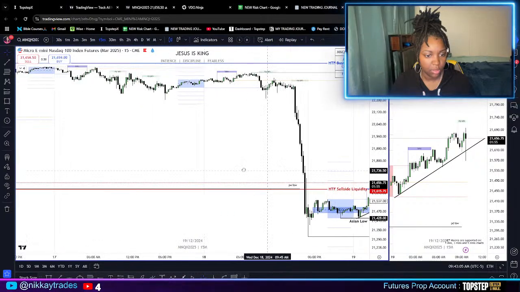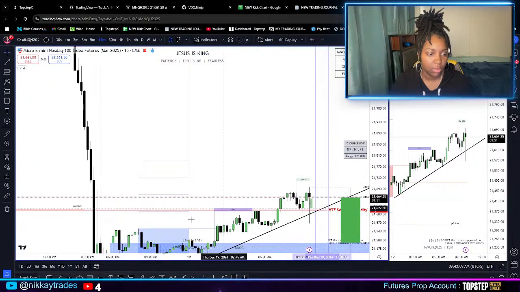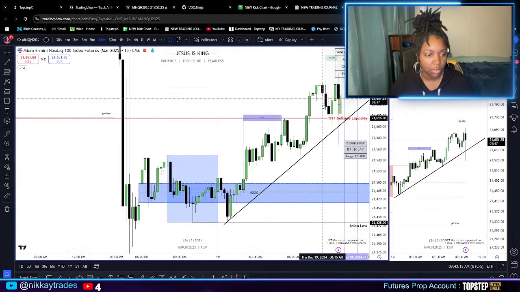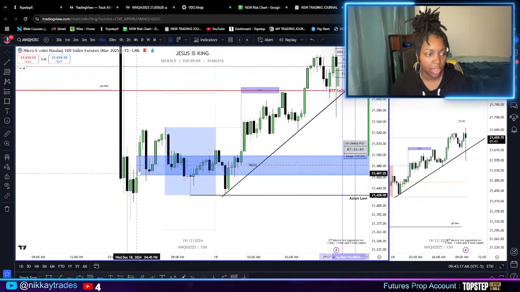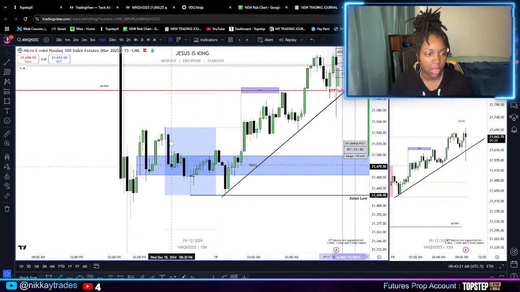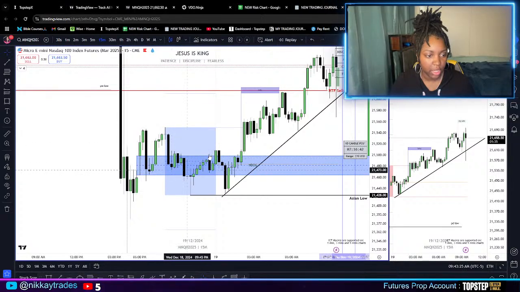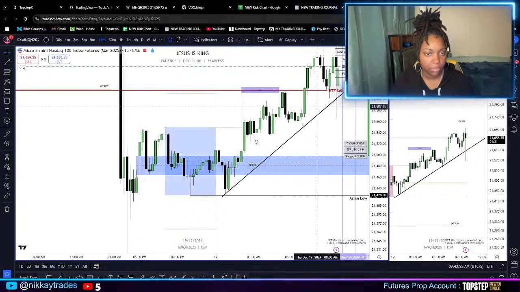Let me see. Here we go, right here. When it opened for Asian session, look what it did. It consolidated around that new day opening gap for like half of the session. I happened to find a setup right before the real consolidation happened, and then that's when it dropped and it just started to push up.